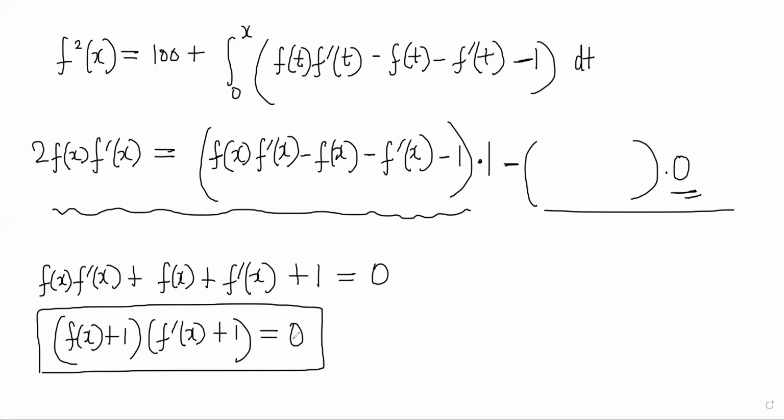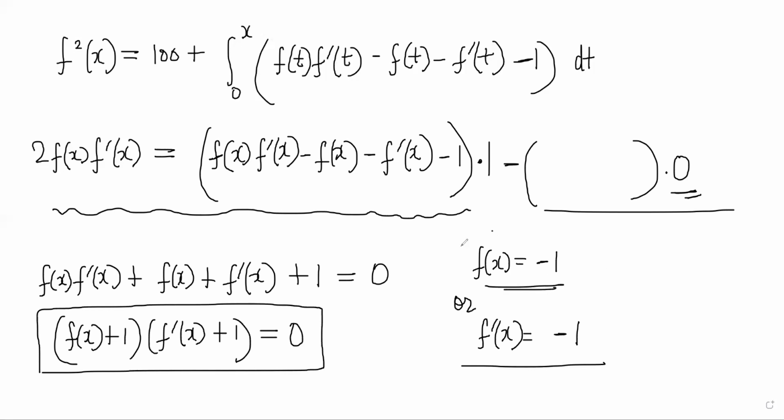Now, this means that there are two options, either f of x is equal to minus 1 or f dash x is equal to minus 1, right? So, if this is the situation, then f of x is a constant function.